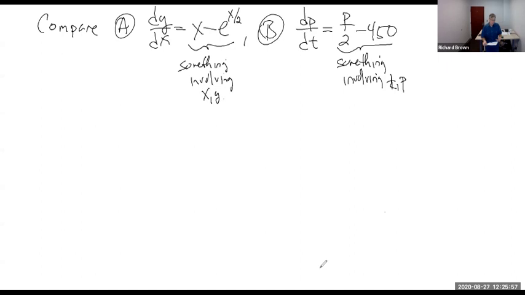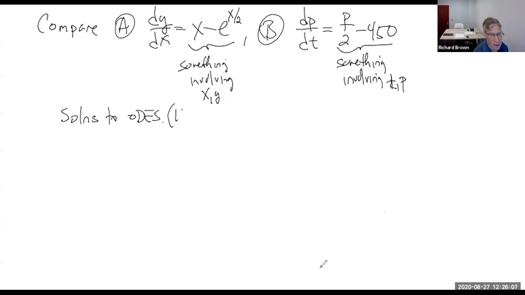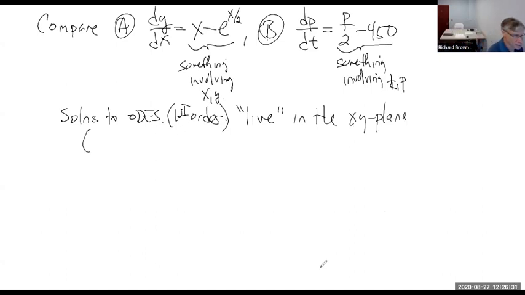The reason this is useful is that solutions to ODEs, first-order ODEs, as things change when looking at higher order, and we'll get to that at some point in this class, solutions to ordinary differential equations live in the xy plane, or sometimes the tp plane, the plane whose coordinates are the independent variable and the dependent variable, and they have graphs of functions.